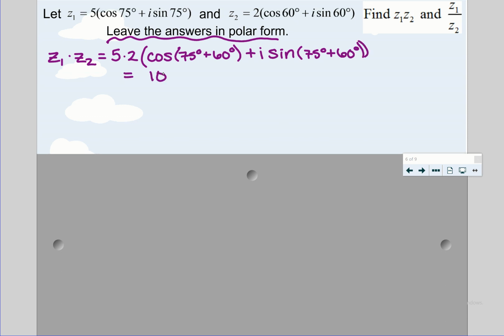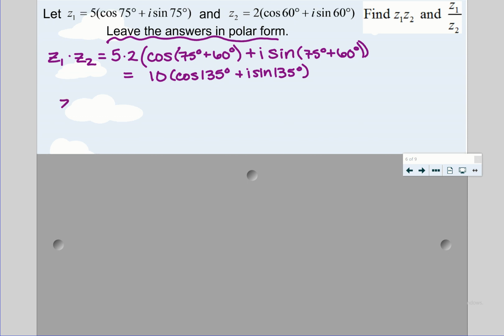So the answer in polar form is going to be 10 cosine 135 plus i sine 135, and that's it. The only thing that would make this a little more difficult is if it said rectangular form, you just keep simplifying. Use your unit circle.